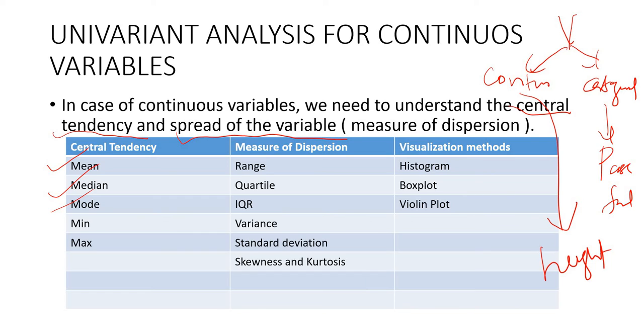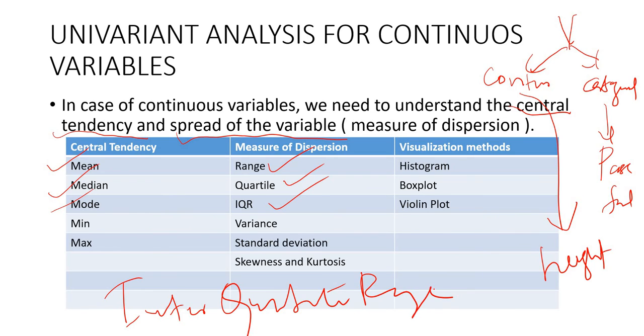The measure of dispersion is given by the quantities range, quartile, IQR. IQR stands for interquartile range. There is a separate video for interquartile range and quartile. You can watch those videos. Very important terms in statistics. Variance, you can watch the videos in the playlist statistics.